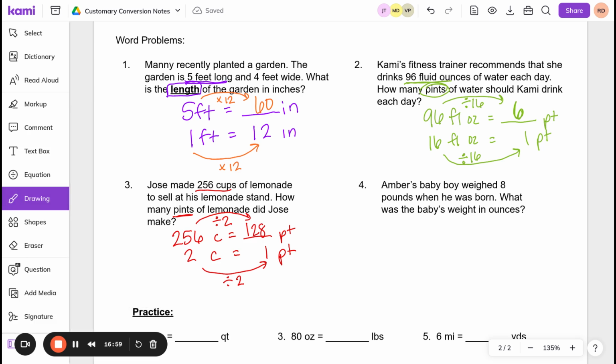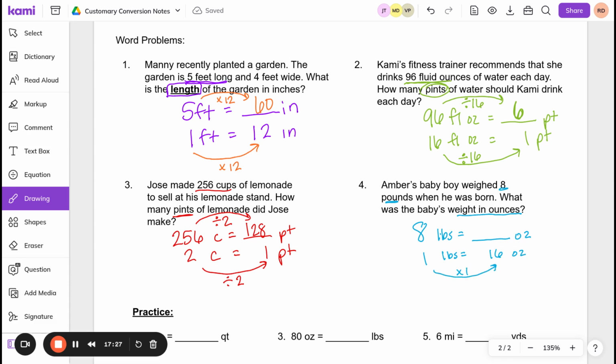All right, question 4. Amber's baby boy weighs 8 pounds. We want to know his weight in ounces. So we have 8 pounds, and we're trying to convert to ounces. Your star chart tells you that 1 pound is 16 ounces.